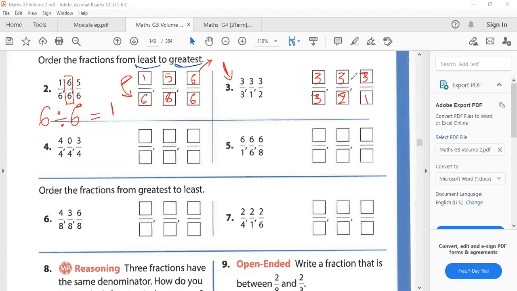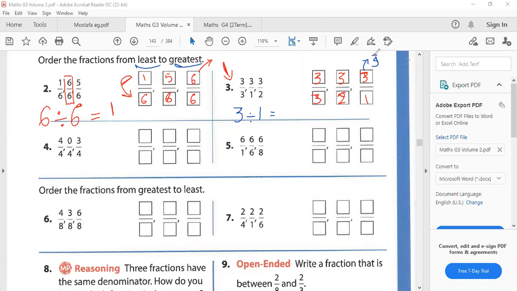Excellent. Could I tell you that this fraction is 3 divided by 1? 3 divided by 1 equals 3. Excellent.